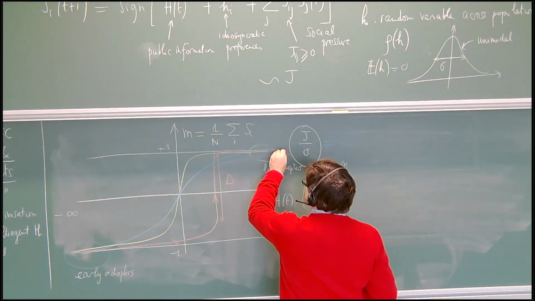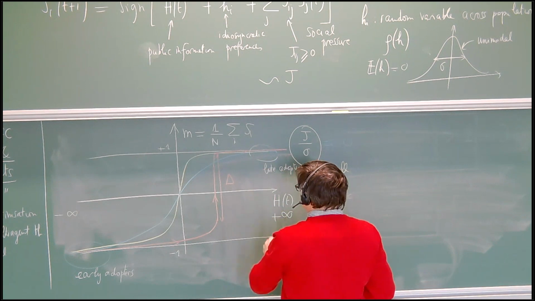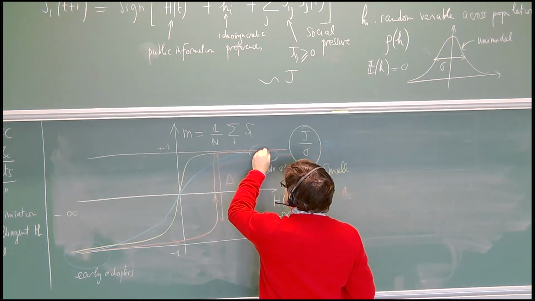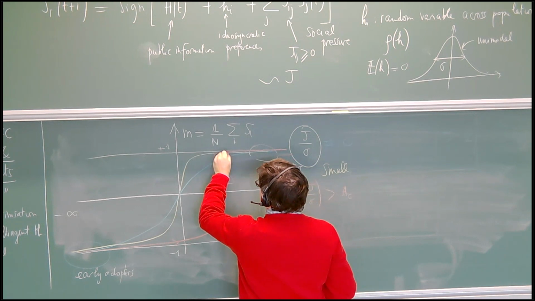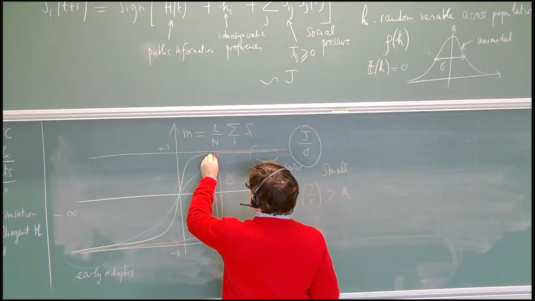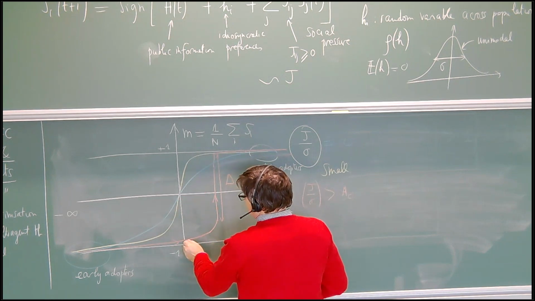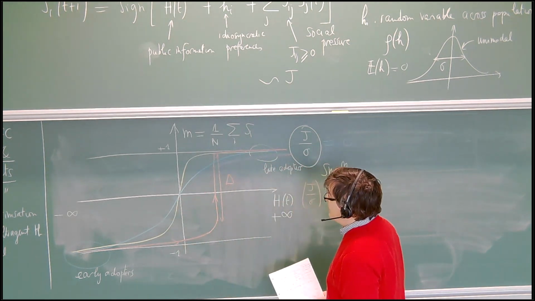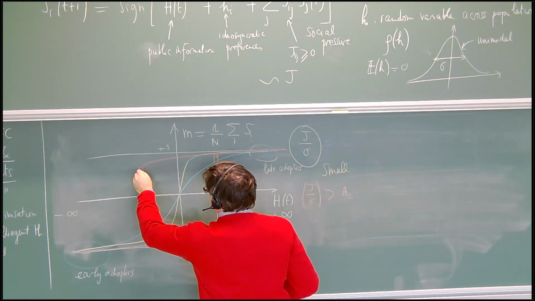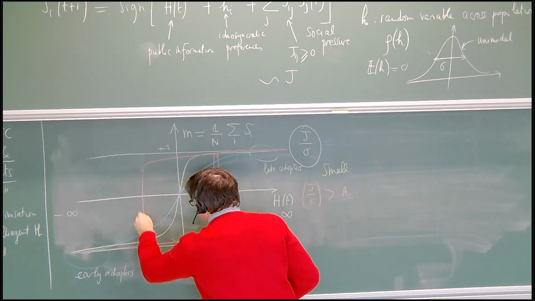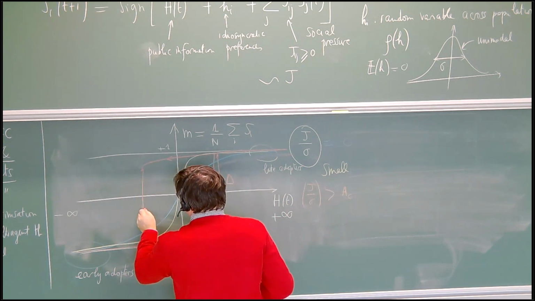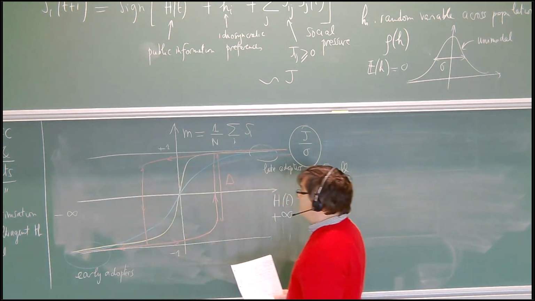Well, when H of T starts back from plus infinity and then decreases, it's not the case that you're going to follow the same curve backwards. Actually, you're going to follow the equivalent of the lower branch for a while. And then at this point here, you're going to jump to the second equilibrium.